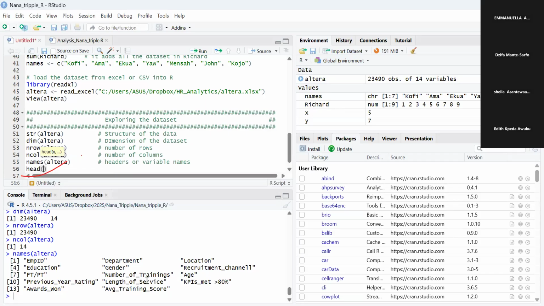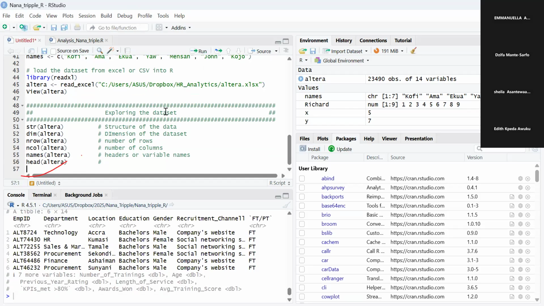Head. head of Altera. Run it and let's see. I ran something and then head of Altera. What do you see?